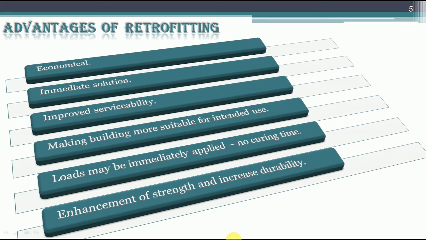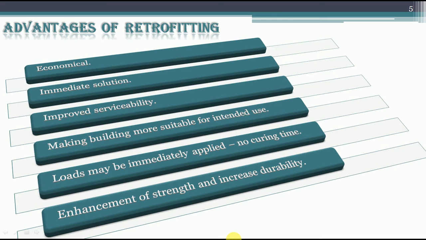Next are the advantages of retrofitting. Retrofitting is economical, it is an immediate solution to the problem, and it improves the serviceability of the structure. Retrofitting makes the building more suitable for intended use. By retrofitting, loads may be immediately applied, that is, no curing time is required.